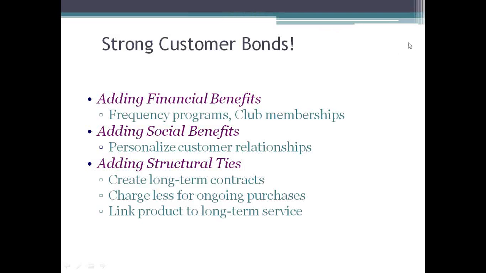Of course, you can add in the social benefits. I know a very small business. She runs a small independent clothing store, as well as some gifts, but mainly focuses on customized or limited edition handmade clothing for women and some for children.